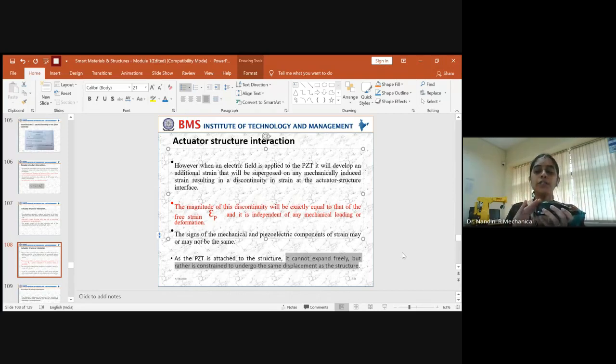It has to be constrained at one end. It could be constrained towards your right, or it could be constrained towards your left. You cannot leave it free. You will constrain it at one end so that you can see the displacement taking place in the actuator as well as the structure. You cannot place it freely. So this is one more concept that you have to understand.